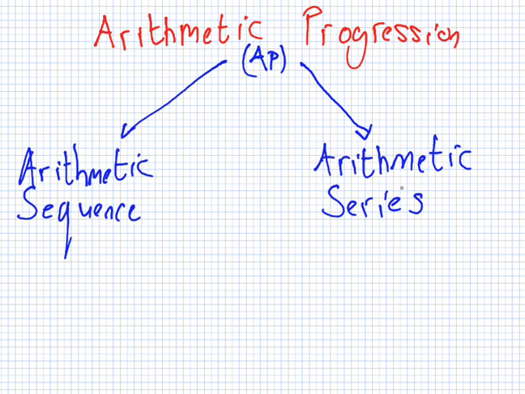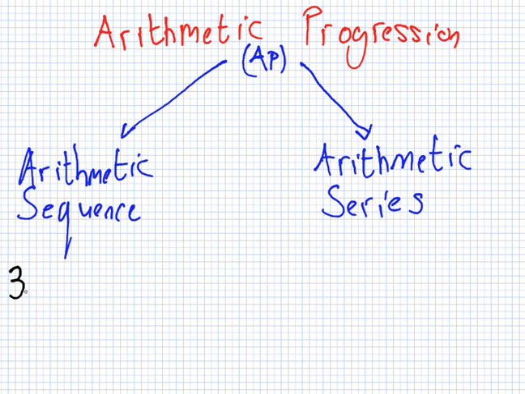As an adjective, it's arithmetic. But as a noun, we say arithmetic. Does anyone know arithmetic? What does arithmetic mean? It's adding, isn't it? Arithmetic means to add. So arithmetic as an adjective must have something to do with adding. And it does actually. So let me show you what arithmetic is.